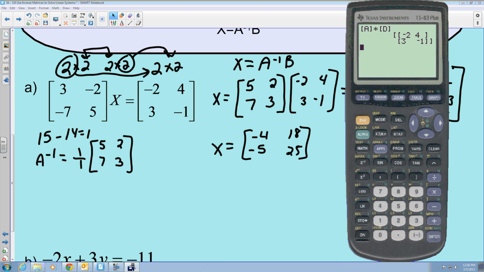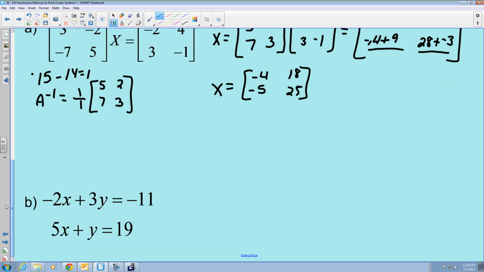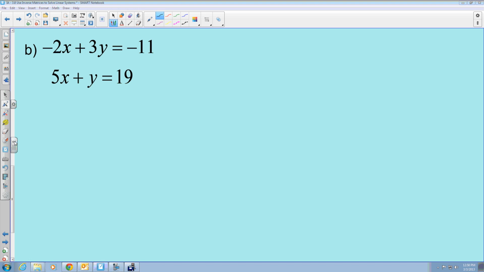Now, as I go to the next example, let me get some more room here. I am going to use a system of linear equations now, and I'm going to use the inverses to help me solve for x and y.